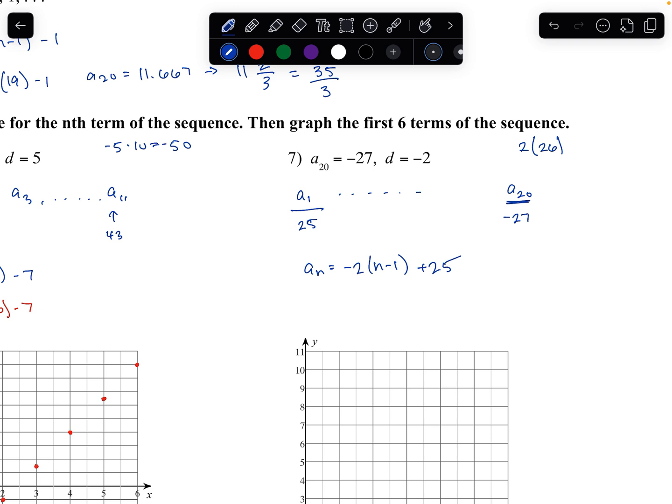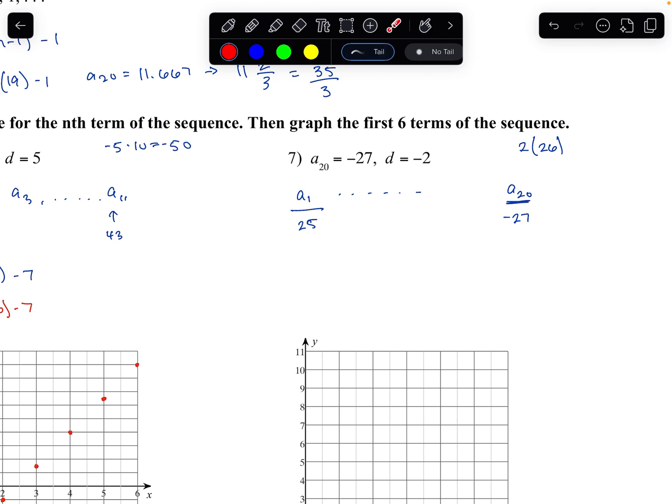And then we're going to add 25. Uh-oh, I'm still not getting the right thing. What am I doing wrong? I'm checking to see if my rule is right, and right now it's definitely not. Let me verify.